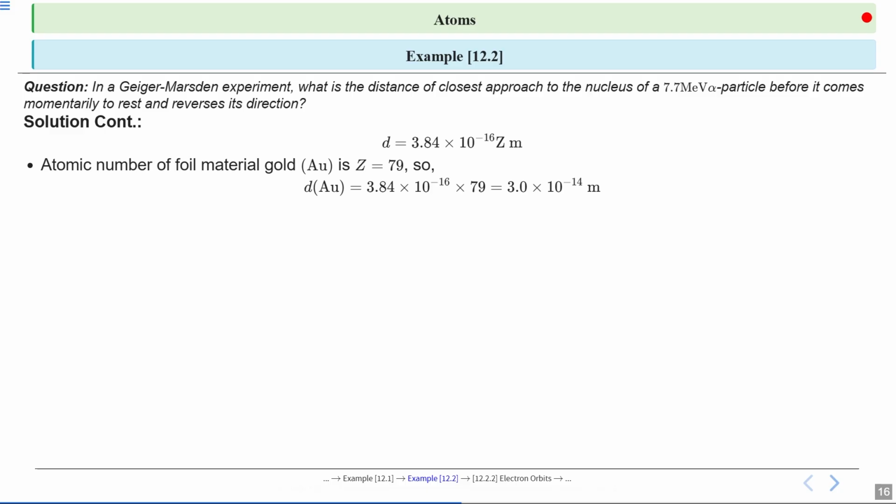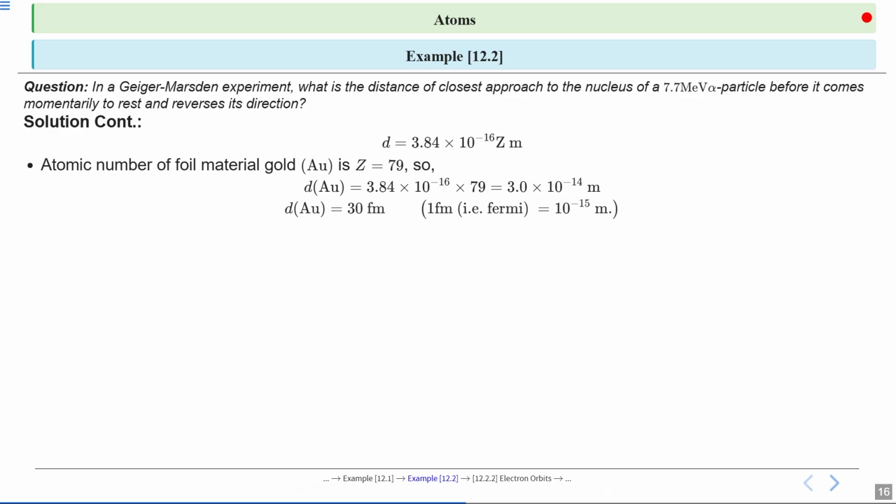So we multiply 3.84 into 10 to the power minus 16 by 79, which gives us d Au equal to 3 into 10 to the power minus 14 meter.